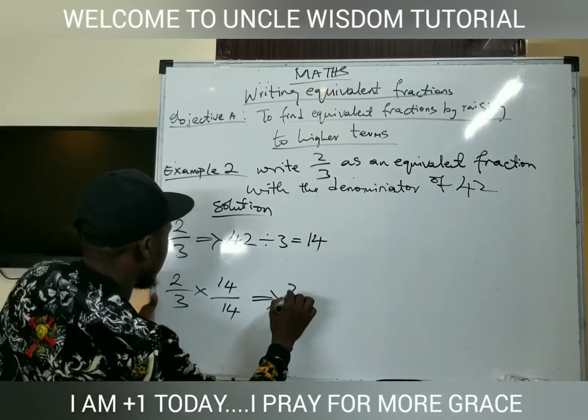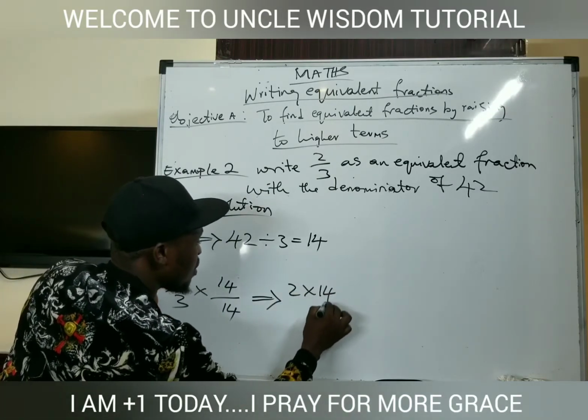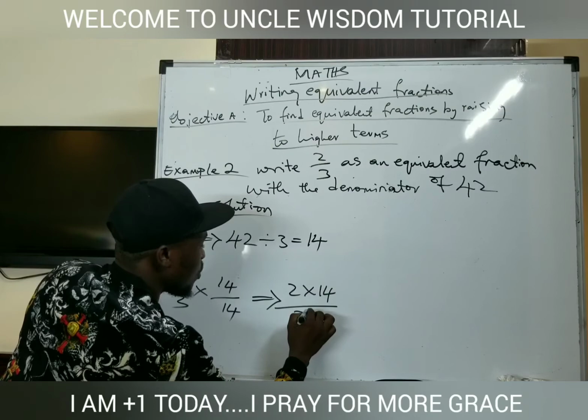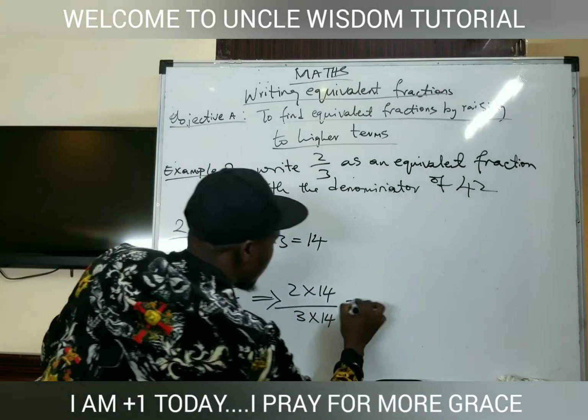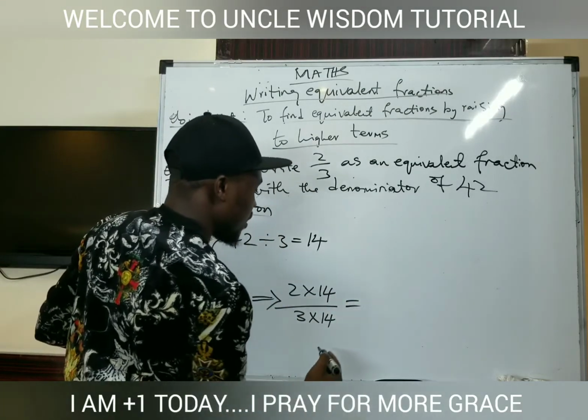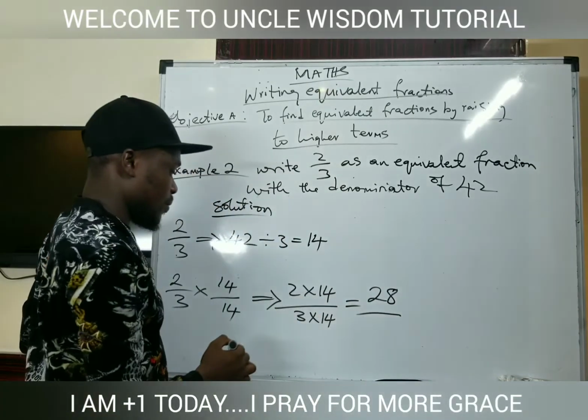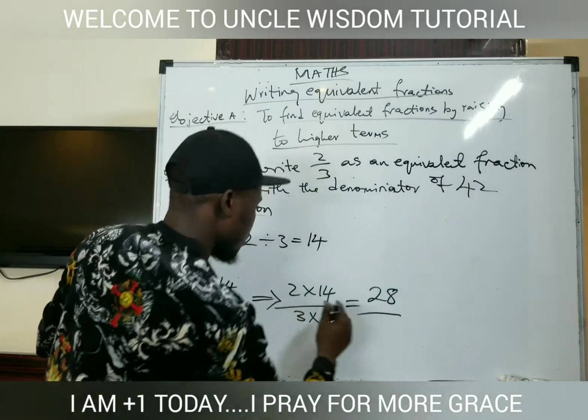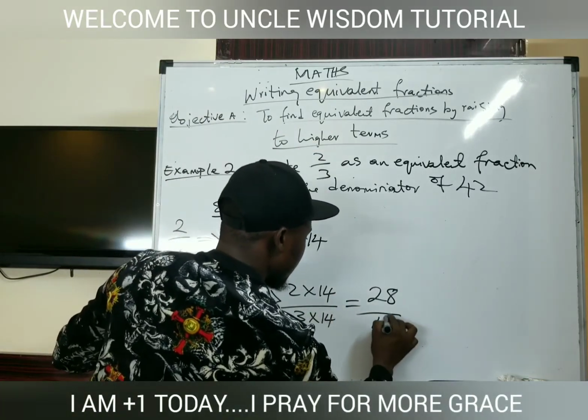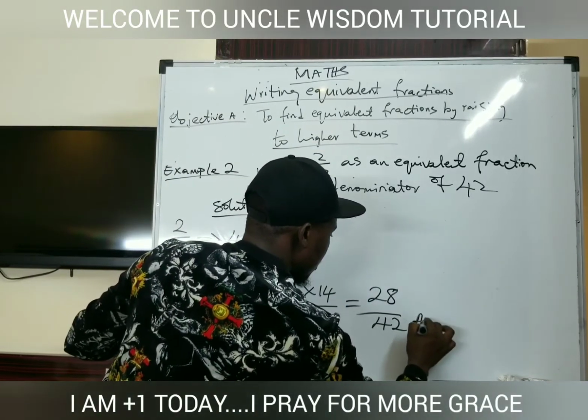This implies 2 multiplied by 14 and 3 multiplied by 14, which is equal to 28 over 42. 2 multiplied by 14 will give us 28, and 3 multiplied by 14 will give us 42. This is our answer.